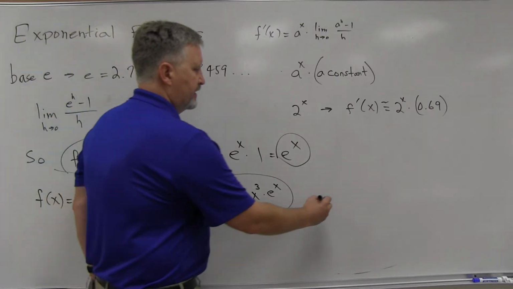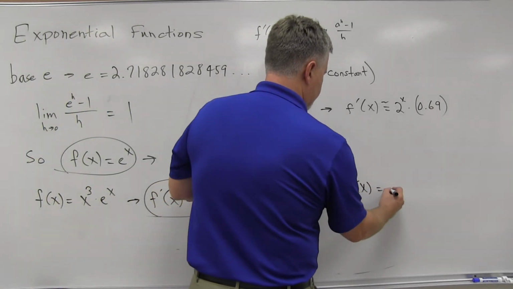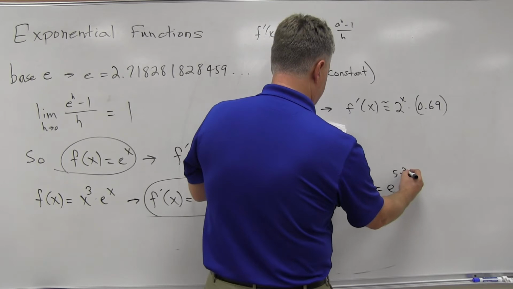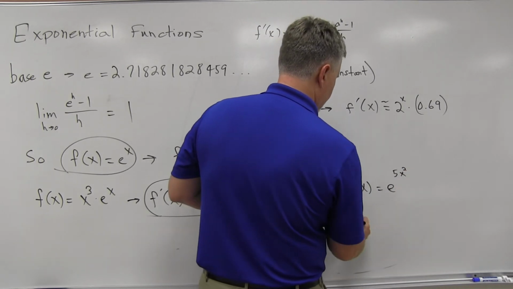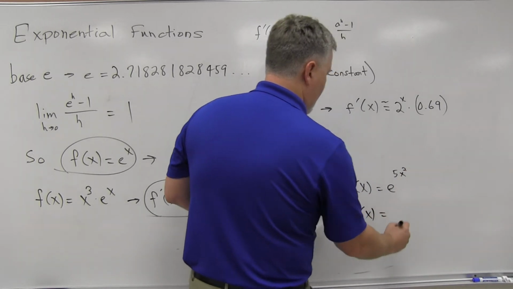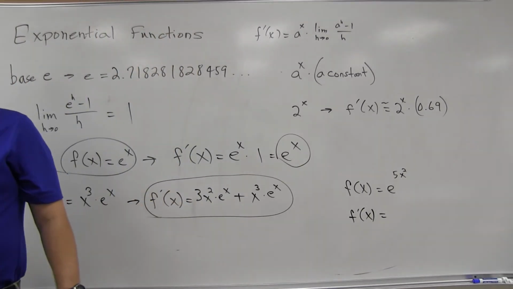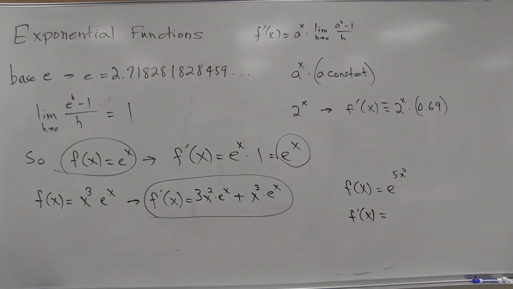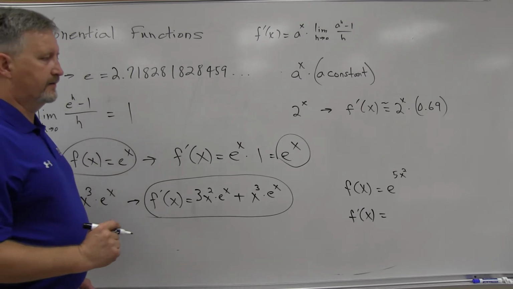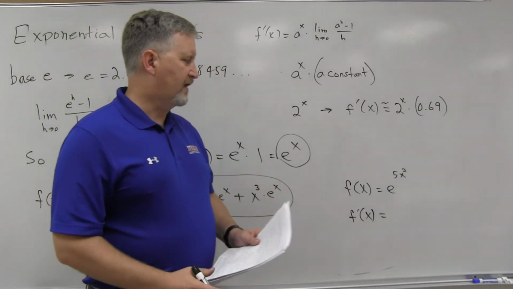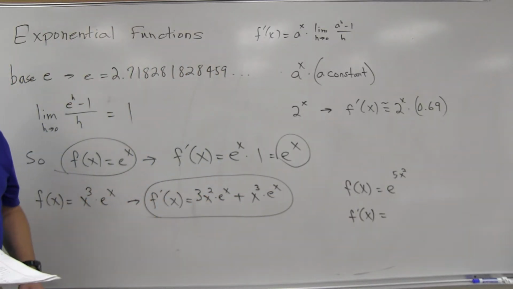What about f of x equals e to the 5x squared? What if we don't have the power being just x? In this case, it's 5x squared.